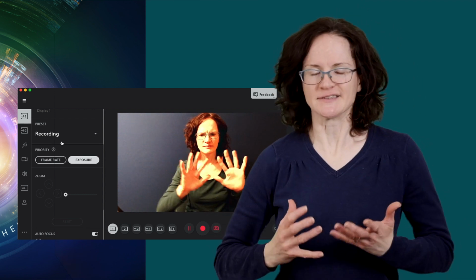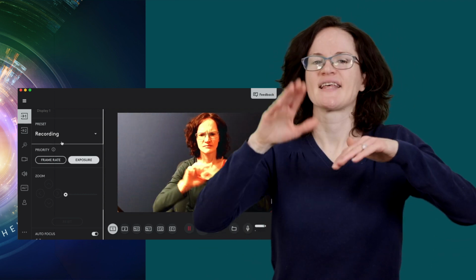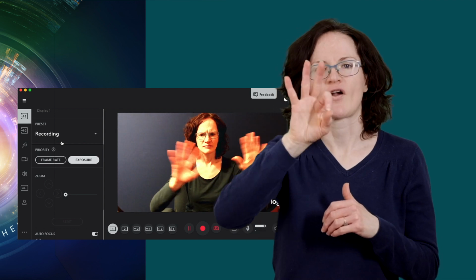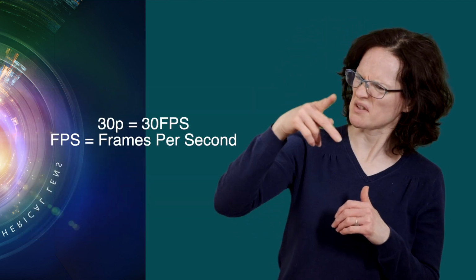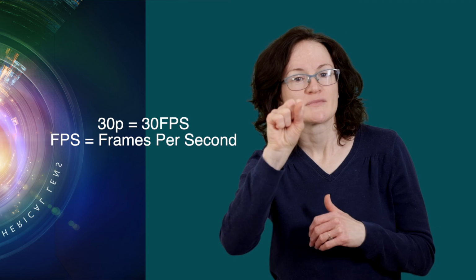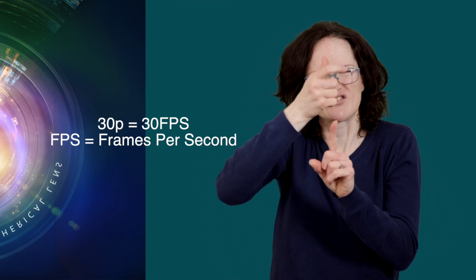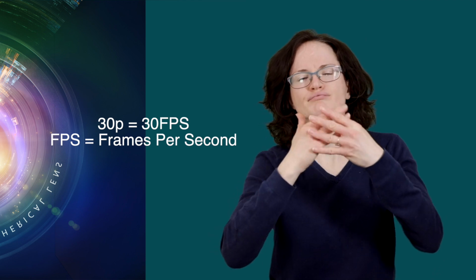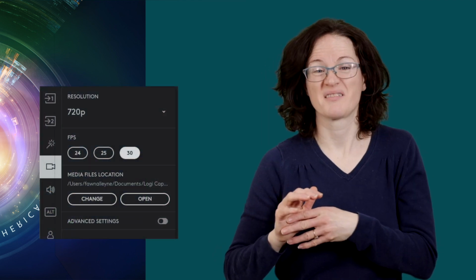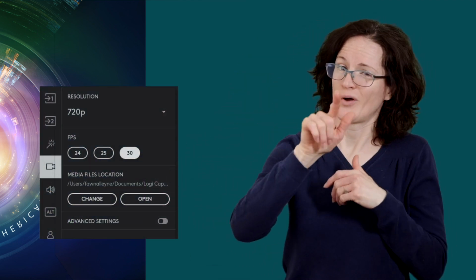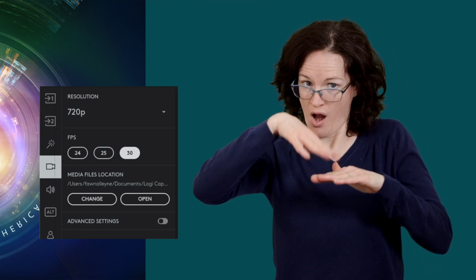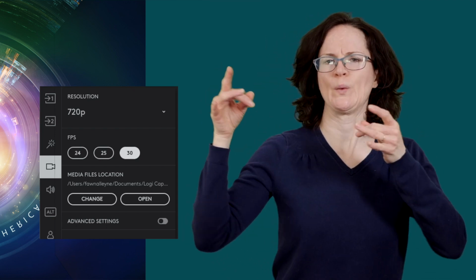They're jittery because the frame rate is lower than 24 frames per second. Today, smooth video is accomplished by having frame rates of at least 24 frames per second.